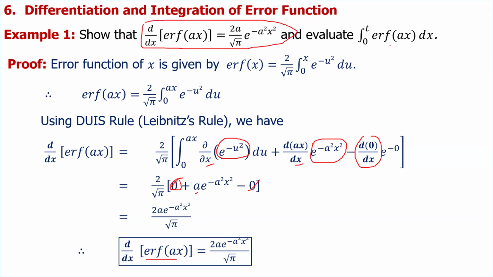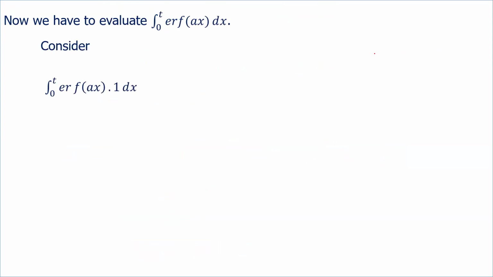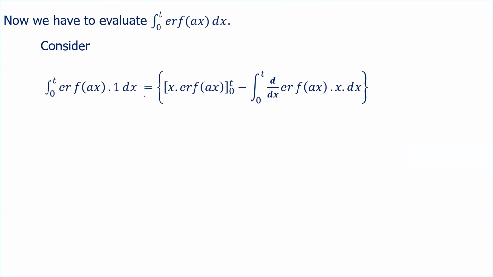Let us try to evaluate the integration of error function of ax under the limit 0 to t. Since we don't know the integration of error function, we treat this error function of ax as one function, and we multiply by 1, and use integration by parts. Since we don't know the integration of this, we take this as our first function.